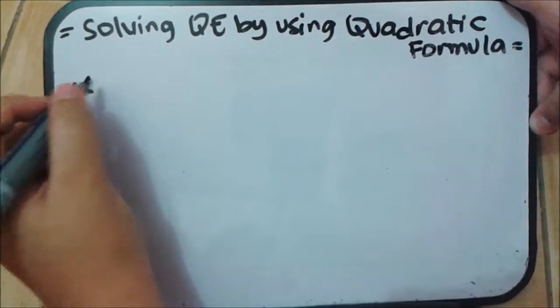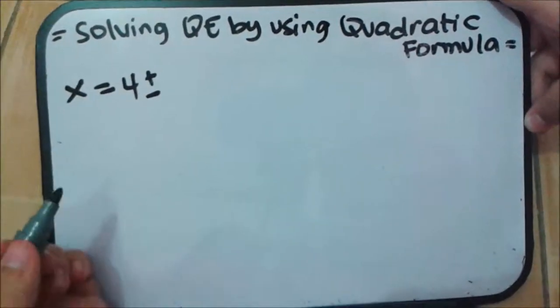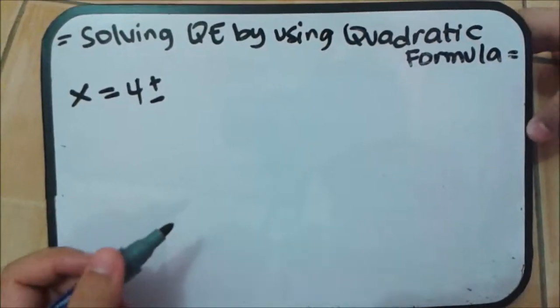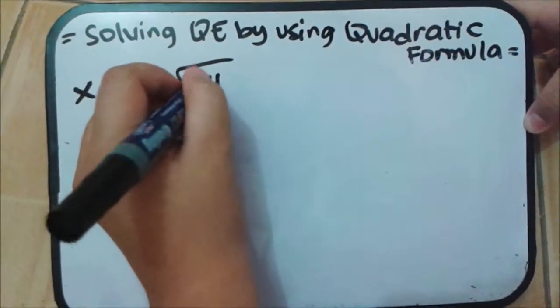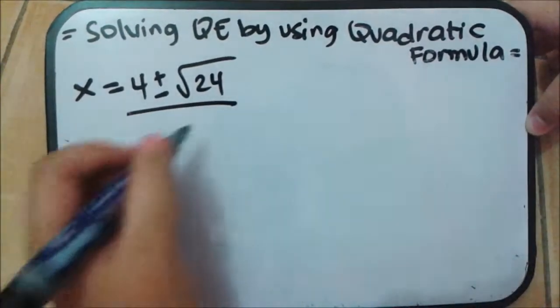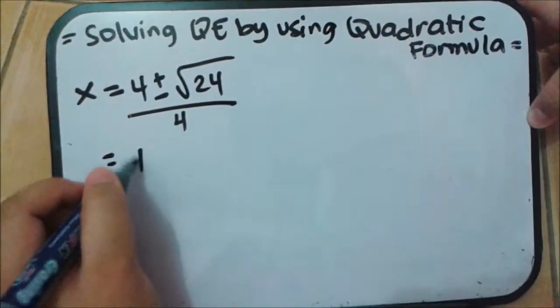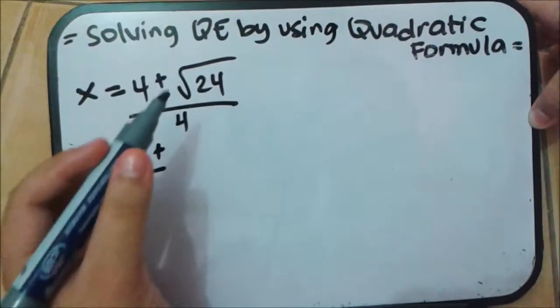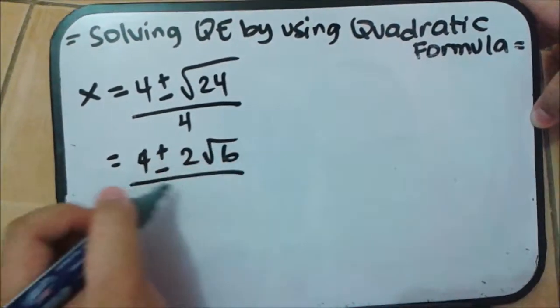Continue. x is 4, plus or minus the square root of 16 plus 8, which is 24, over 4. Next, the square root of 24 is 2 square root of 6, over 4.